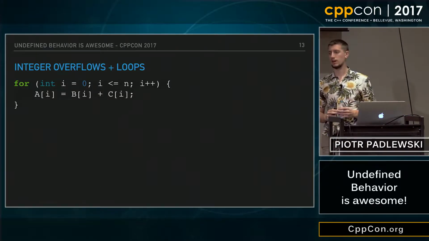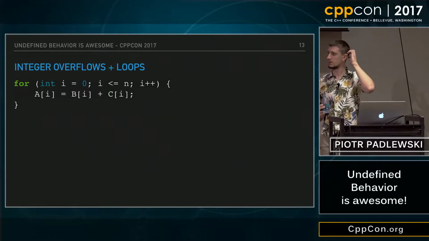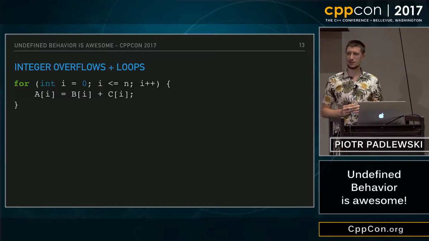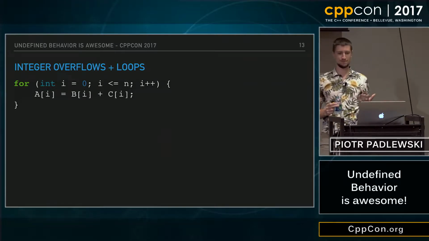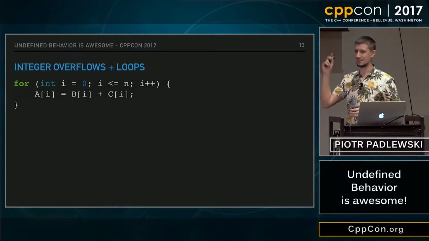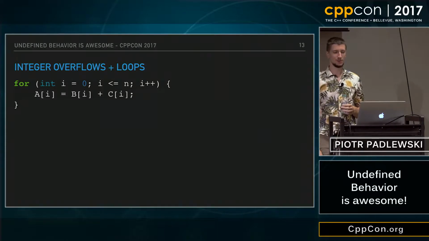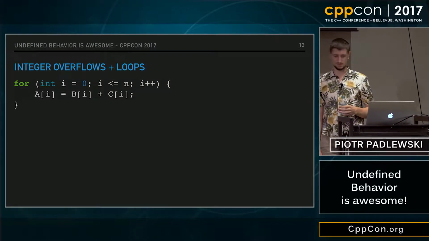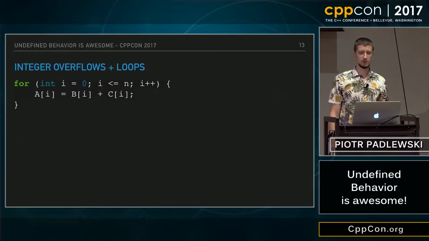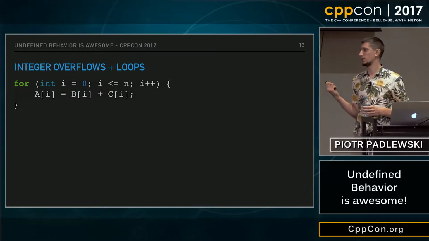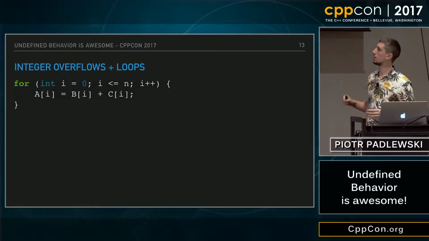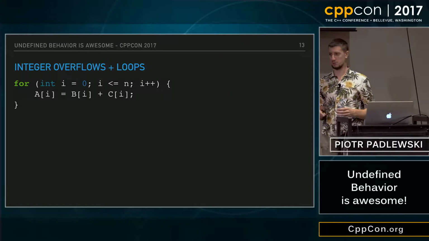But actually, integer overflow being undefined is not very helpful for those cases. I don't think it gives a lot of performance from deleting branches like this, because this is more about loops. So if we take this kind of loop and ask Java, what do you know about this loop?